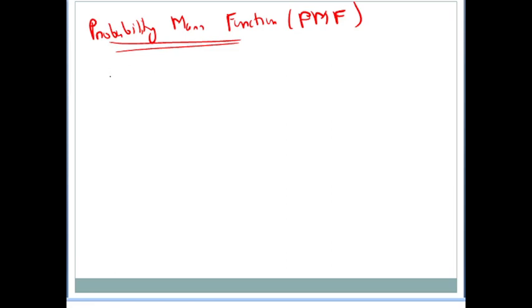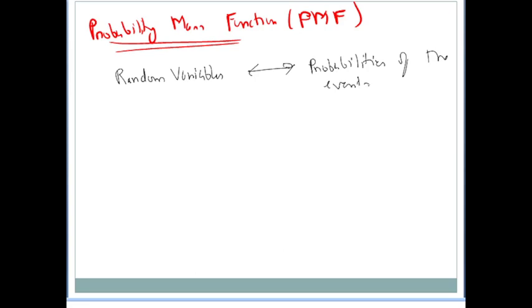Now let's say we have the condition of tossing two coins. Here we'll be establishing the relation between random variables and the probabilities of the events.